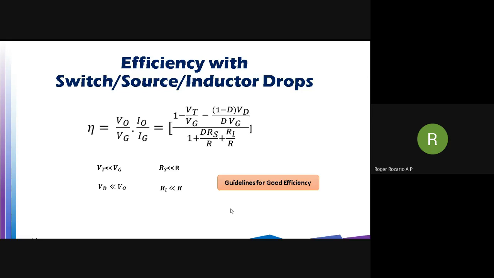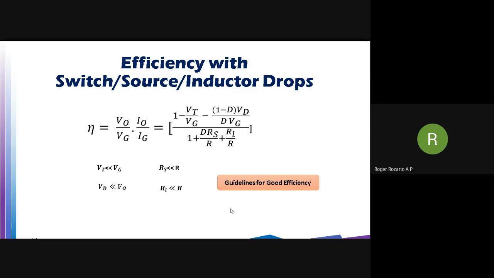So in short, we have combined the non-idealities in the switches and the non-idealities in the source and the inductor, and we have arrived at this efficiency of the DC-DC converter, and we have summed up some guidelines for good efficiency. We have 4 guidelines. The transistor voltage drop, or the first switch voltage drop, should be less than the input voltage Vg.